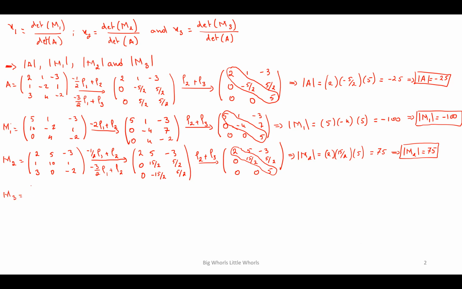M3 is equal to 2, 1, 3, 1, minus 2, 4, 5, 10, 0.